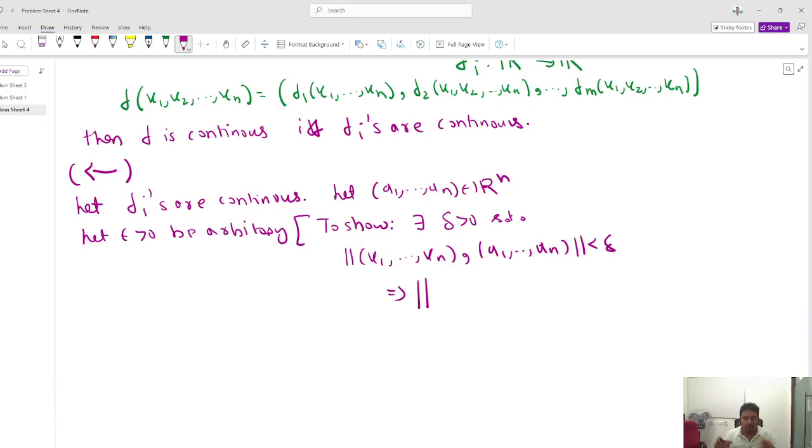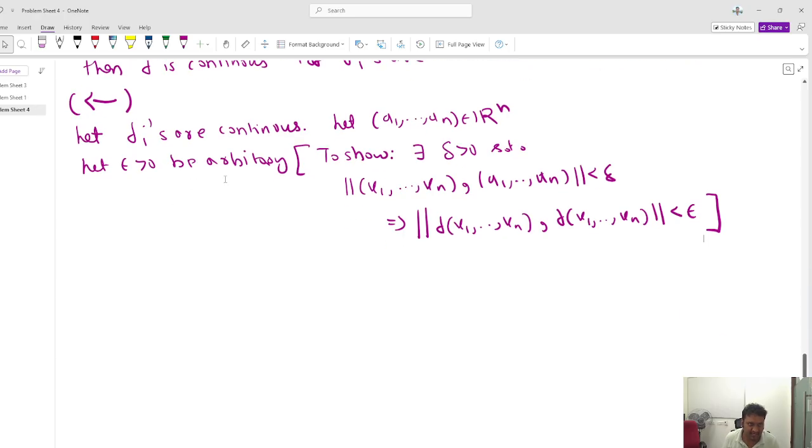Now you don't have mod here, right? f is a function from Rn to Rm. So the distance of these points should be less than epsilon, right? That's what you have to do.